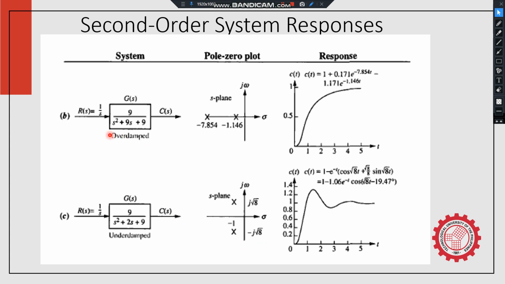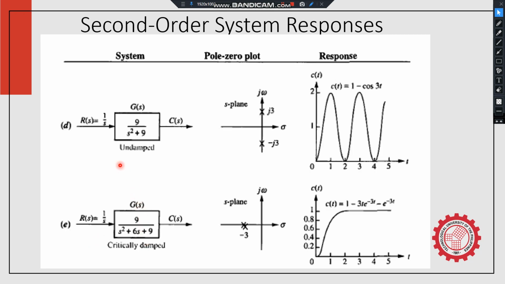Now, the second here is the overdamped system. We have the third one, underdamped. Let me scroll through for now. We have undamped and we have critically damped.